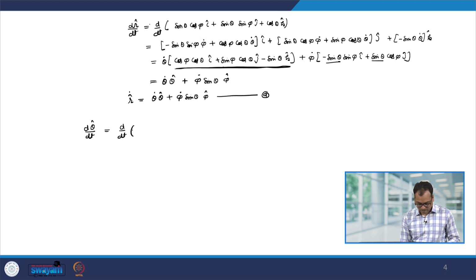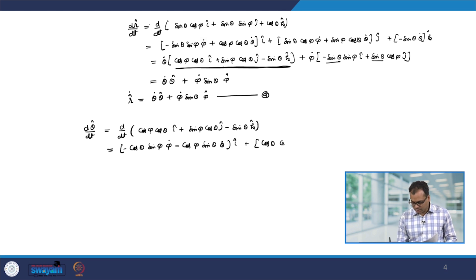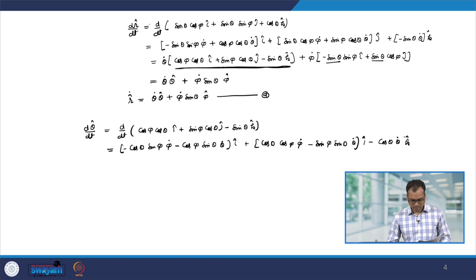So, it becomes cos phi cos theta i plus sin phi cos theta j minus sin theta k, and it will be minus cos theta sin phi phi dot minus cos phi sin theta theta dot i plus cos theta cos phi phi dot minus sin phi sin theta theta dot j minus cos theta theta dot k cap.